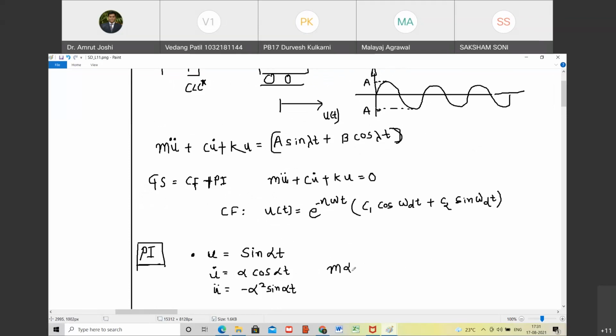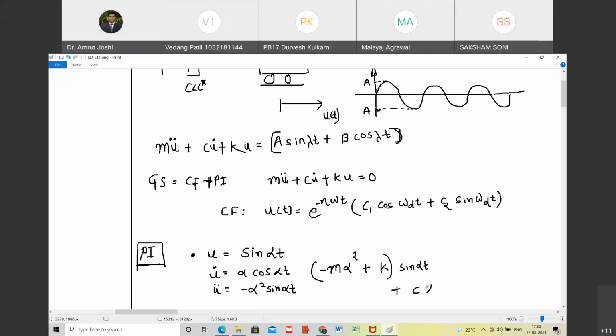M alpha square plus K sin alpha t. As soon as I substitute, u is also sin alpha t and u double dot is minus alpha square sin alpha t. So with sin alpha t taken common, m gets multiplied by alpha square, so I get minus m alpha square plus k. Do you agree with me? And what is c u dot?